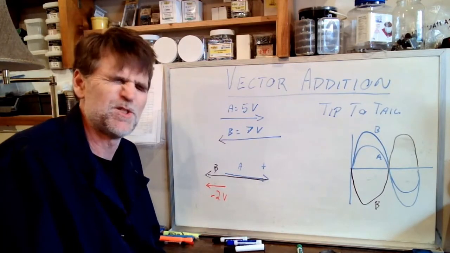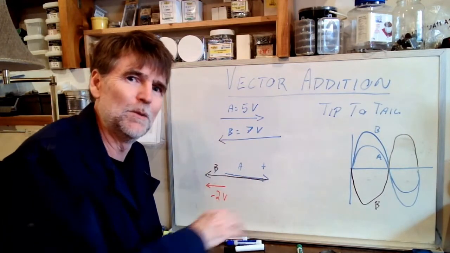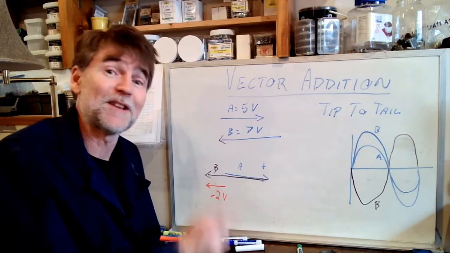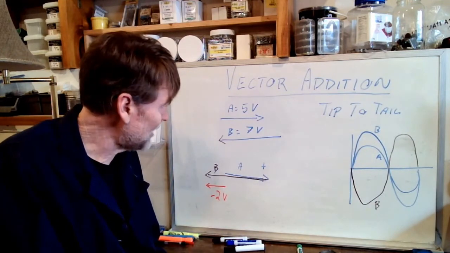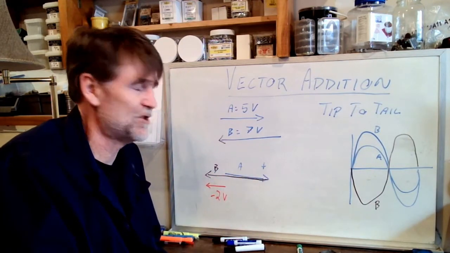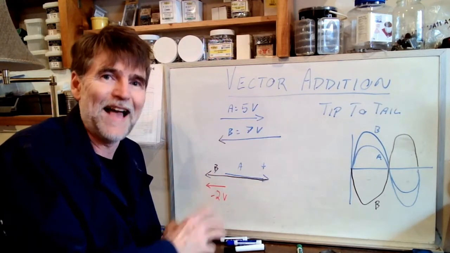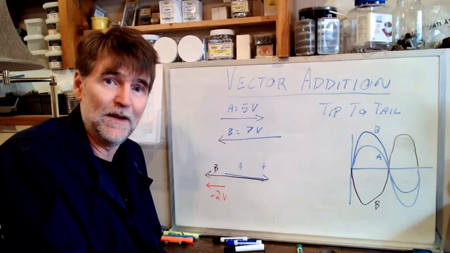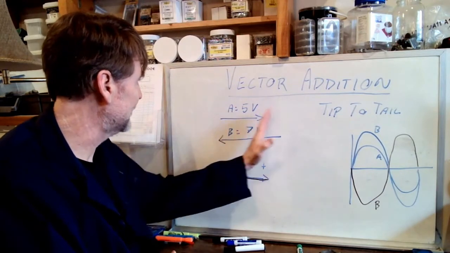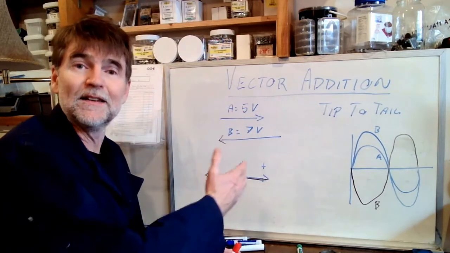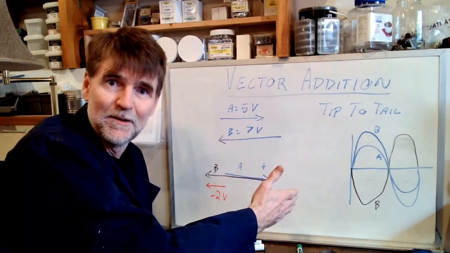There are ways to go about that. That's not really what we want to focus on, because those are the easy options. In these two cases, we have voltages that are either in phase or exactly 180 degrees out of phase, and we're working exclusively on the x-axis.